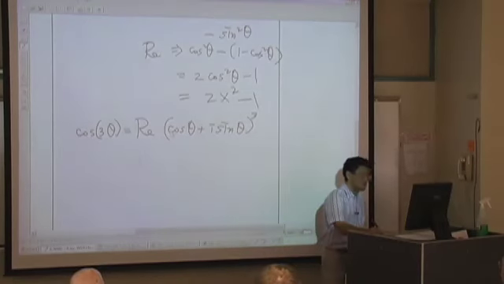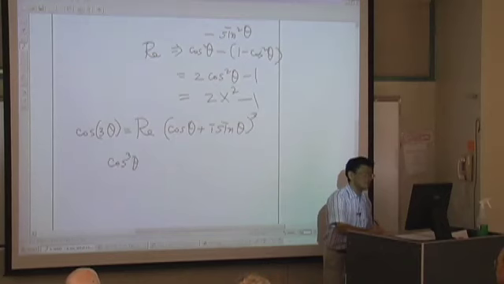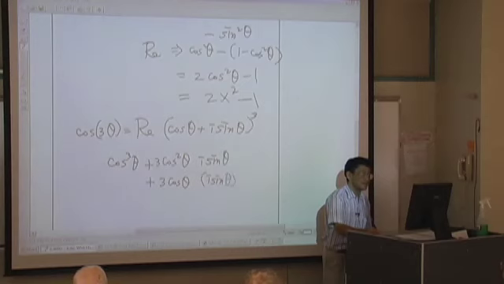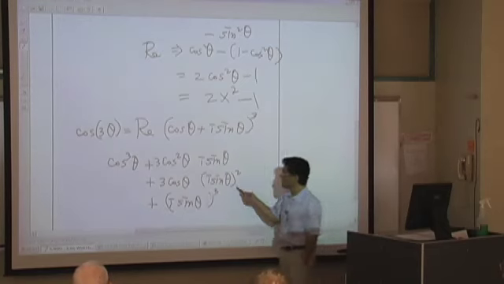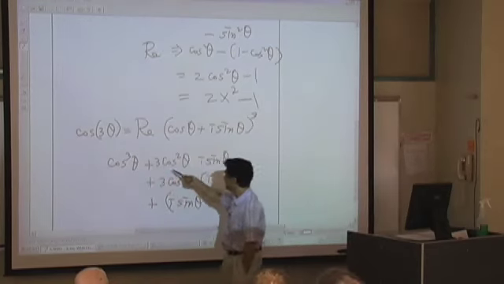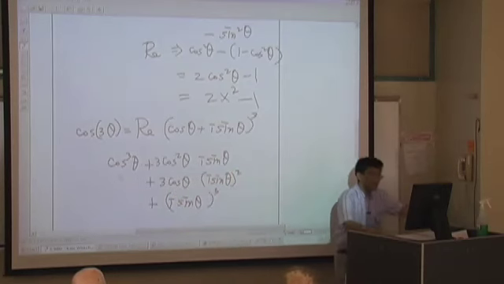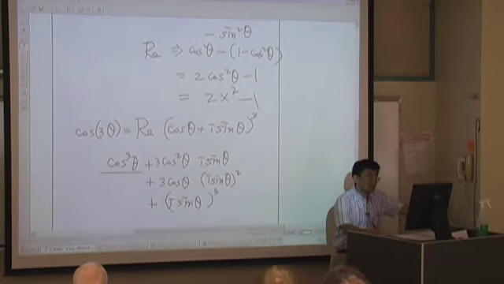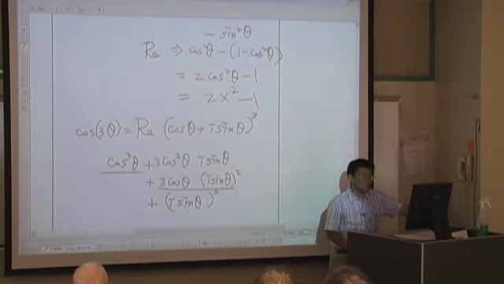Then it is cosine cubed theta plus 3 times cosine squared theta i sine theta, plus 3 times cosine theta i sine theta squared, and then finally i sine theta cubed. So I cubed this thing. As you can see, cosine cubed theta has a real part, right? So this term has a real part. This term has an imaginary part. This term will have a real part. This term has an imaginary part. Only two things are necessary.